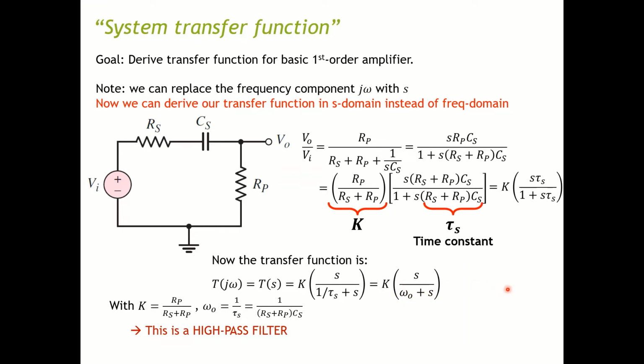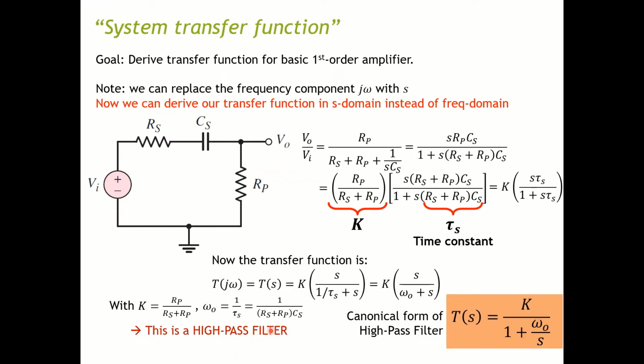At one point our omega naught becomes negligible in comparison to S, so you can assume that omega naught plus S is equal to S. So if S goes very large, this whole term will become 1, and your transfer function will become a constant K. So you get a gain of a factor of K. This is your high pass filter.